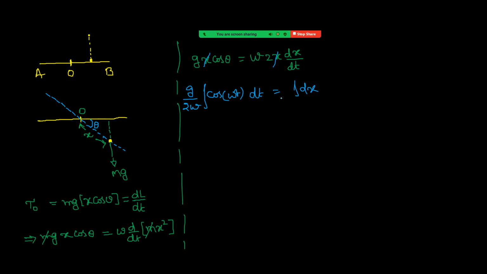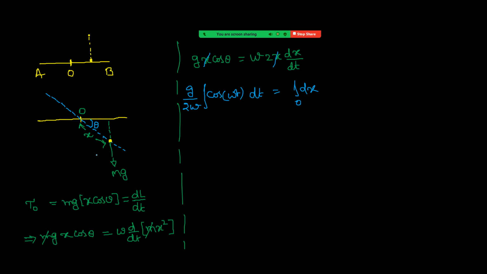Now we have to find the omega value, that is, determine the angular velocity omega in terms of v and l. So I am writing the limits 0 to x.